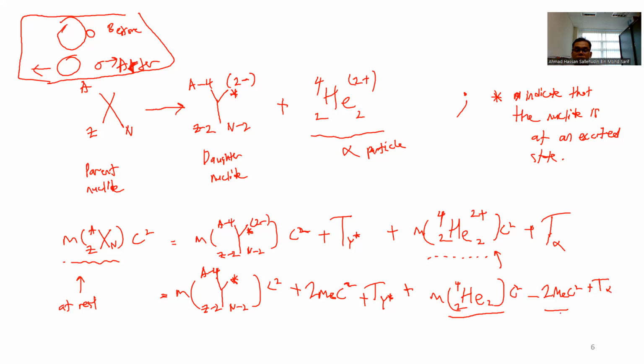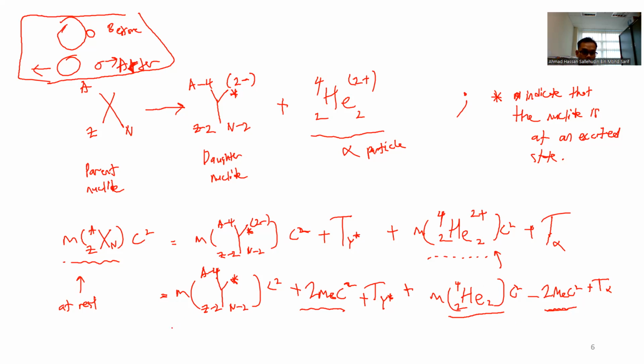Plus T alpha. So you see now, plus two rest mass energy of electron and minus two rest mass energy of electron, so they cancel each other.